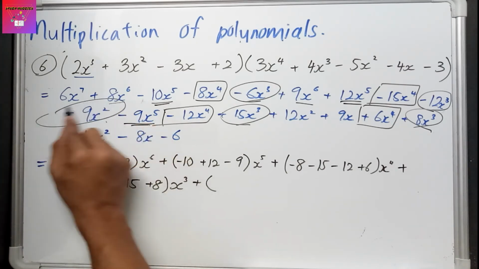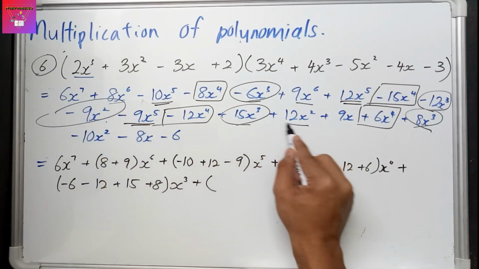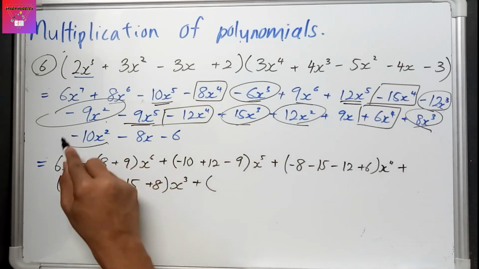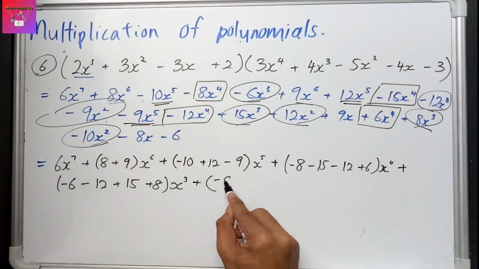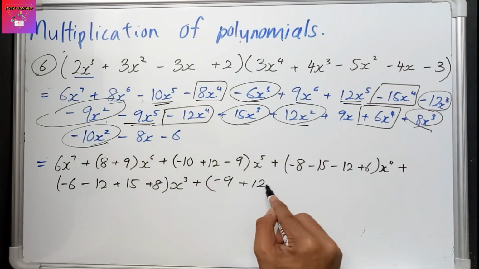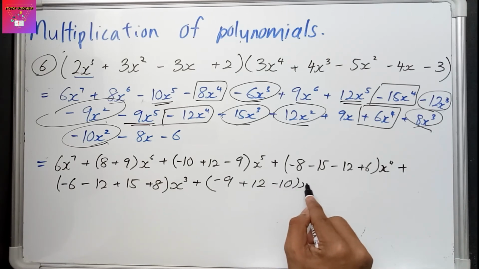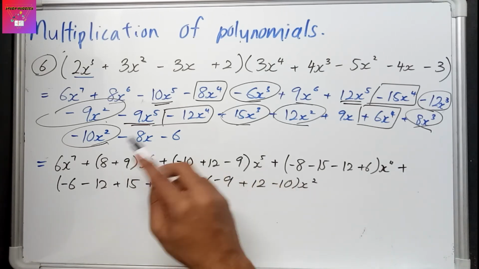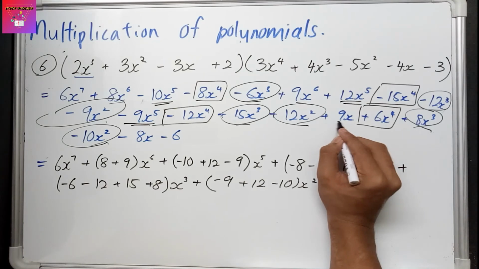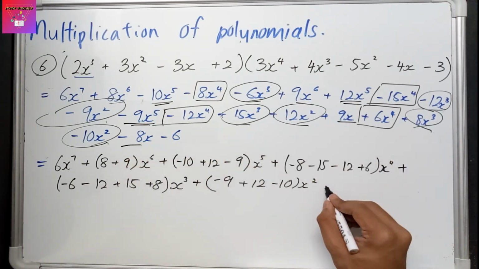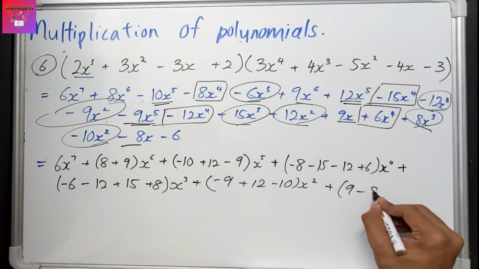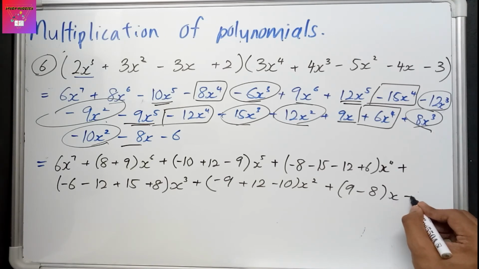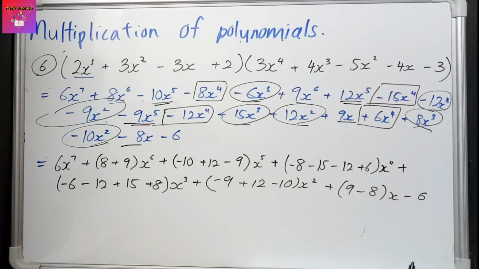So negative 9x square plus 12x square minus 10x square, we're going to get negative 9 plus 12 minus 10, x square, followed by x, which is 9x minus 8x, 9 minus 8, x, minus 6. As you notice, there's only one number with no coefficients, which is negative 6.